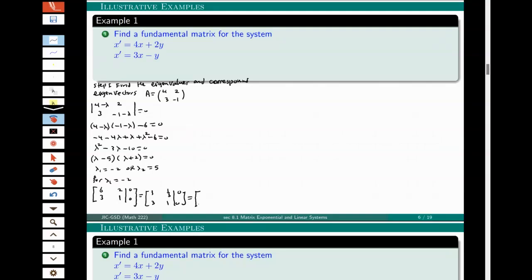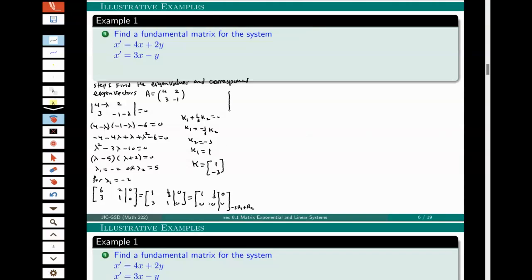Then using our echelon form, minus 3 row 1 plus row 2, and we will get 0, 0, 0. So k1 plus a third of k2 is 0, so k1 is minus 1/3 k2. Choosing k2 to be minus 3, k1 will be 1. So our eigenvector will become 1 and minus 3.